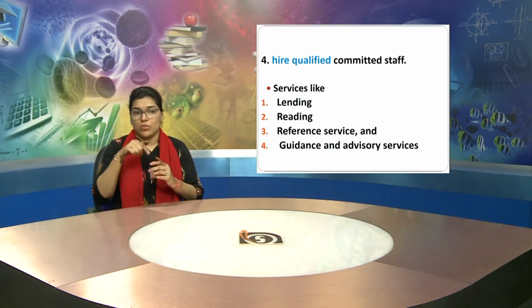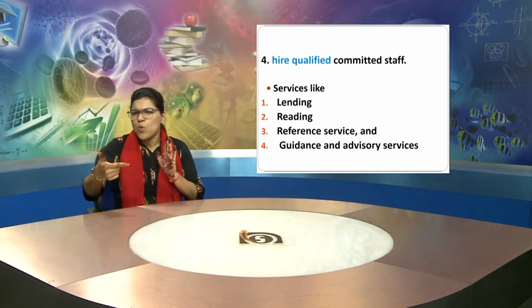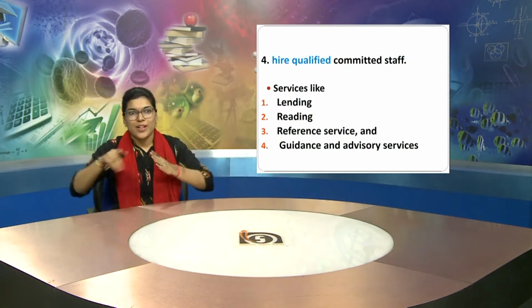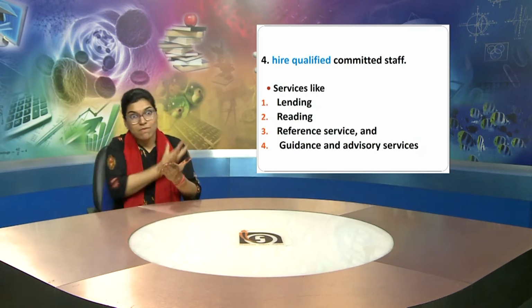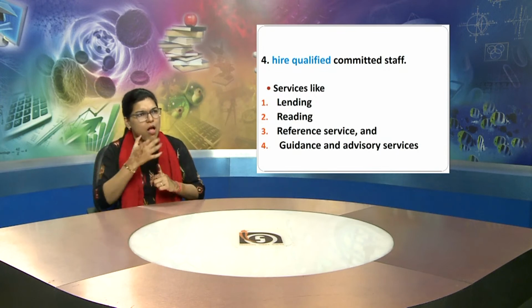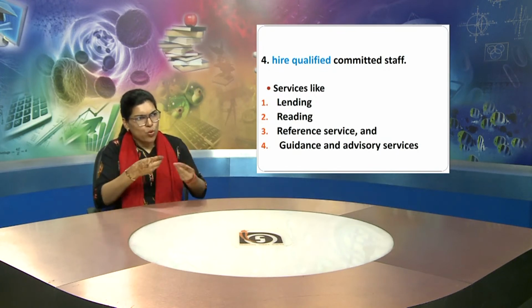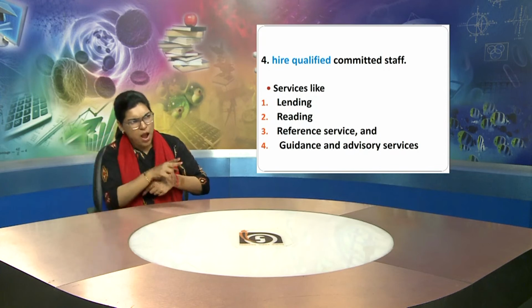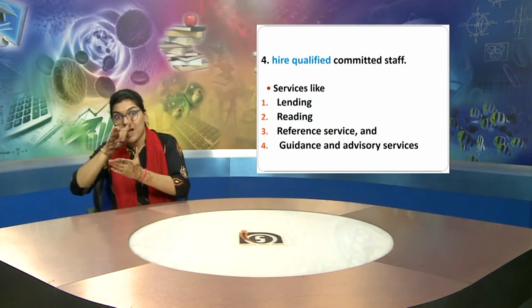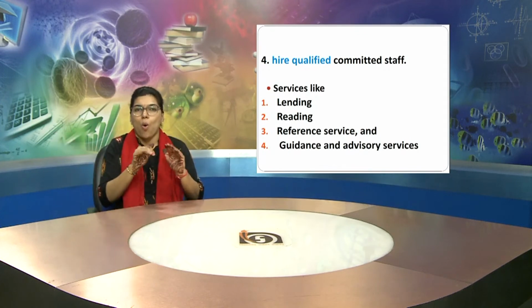Also, there are some services provided by library. These services are mainly 4. The first main service is lending. The second service is reading. As we already know that reading and lending are important.